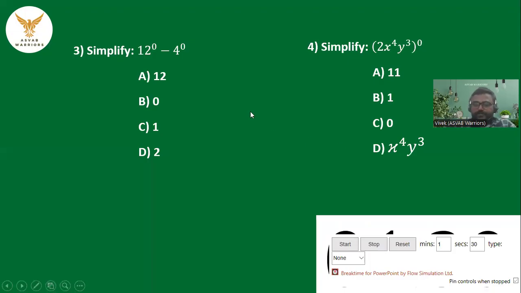Solve these questions. Ablam says B. Yes, you're right, Ablam. Solve the next question. Yep, Ablam, you're right. It's B again. Anything, any goddamn thing in this world to the power 0 is 1.